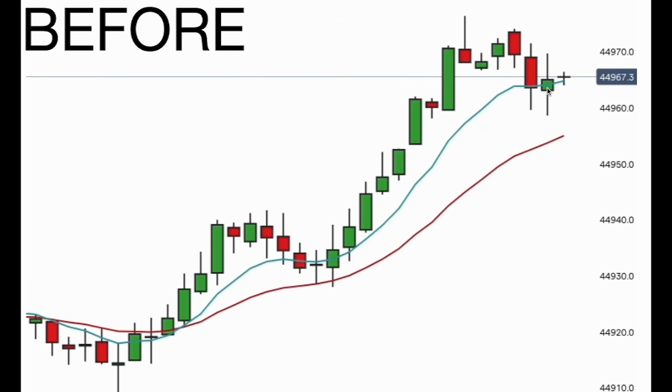This doji candlestick isn't necessarily an indicator in itself, but it's got a green body and it's taken price above the 8 EMA. So I'm looking now for price to go down, which it did. The 8 EMA is having an effect here, repelling price upwards.